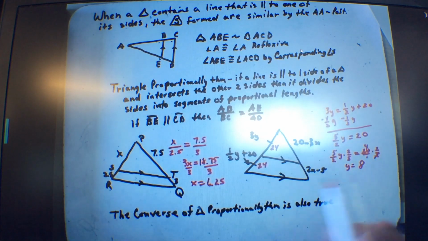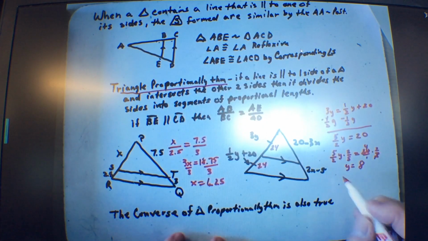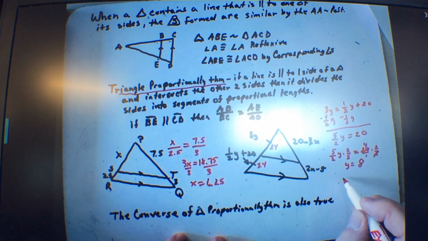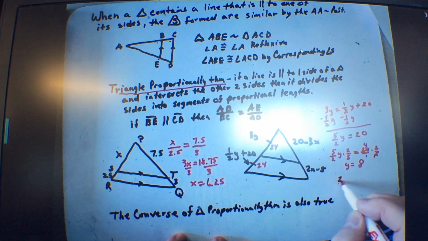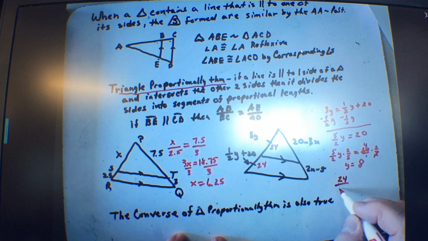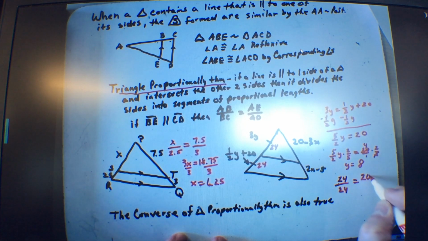Now we can go back to the triangle proportionality theorem, and we can say that this piece here, 24, over 24 equals 20 minus 3x over 2x minus 5.